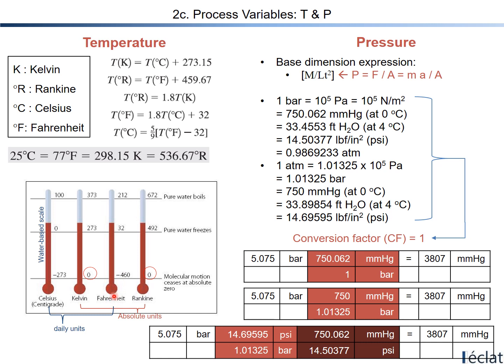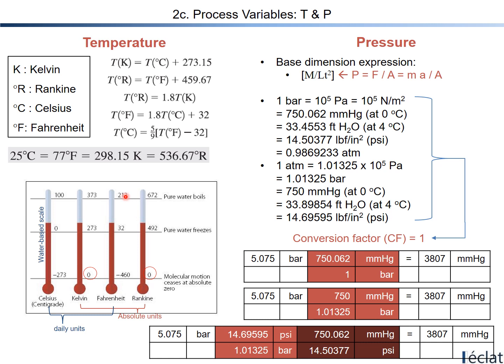Fahrenheit degrees are popularly used in Britain and also the USA. So 0 degree Celsius, the freezing point of water, is 32 degree Fahrenheit. The boiling point of water is measured at 212 degree Fahrenheit.